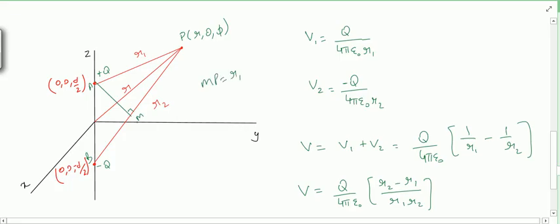It is r1 only, right? And suppose this angle is theta. This angle is theta. So what will be the value of BM?